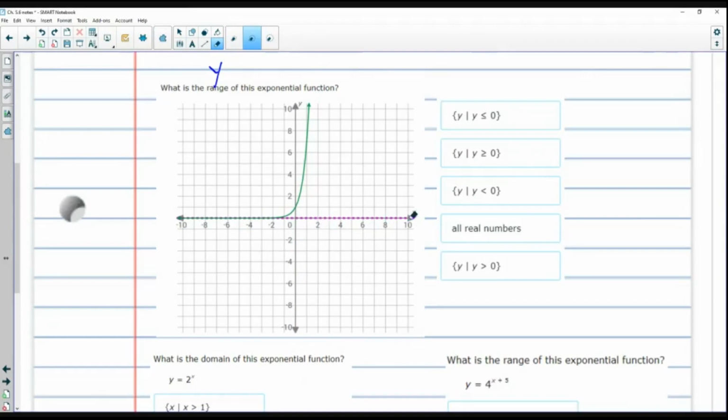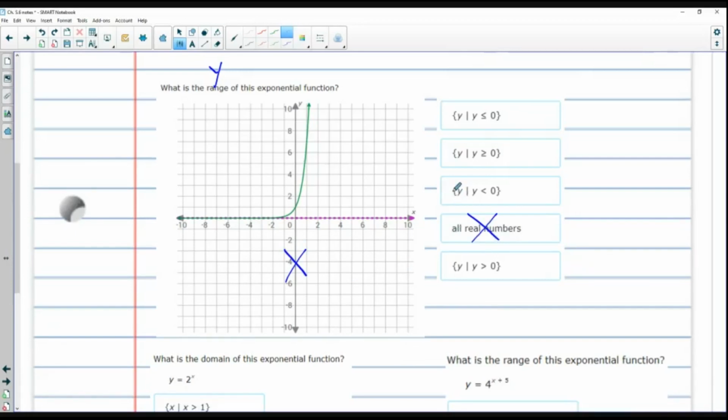And do you see how you have y equals 0 here with this pink dotted line? And then you have your exponential graph in green. That means that your range can't be all real numbers because we're not including the negatives. So it can't be this one for sure.